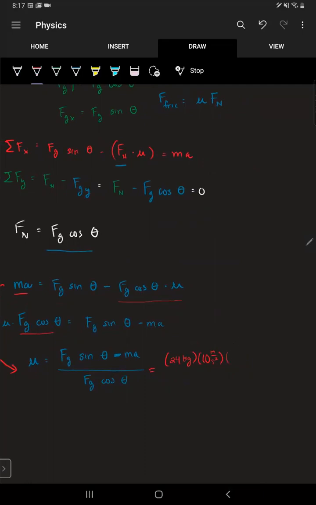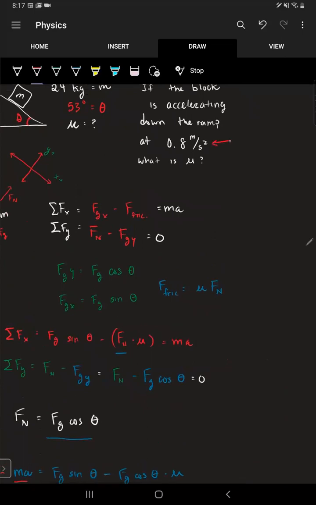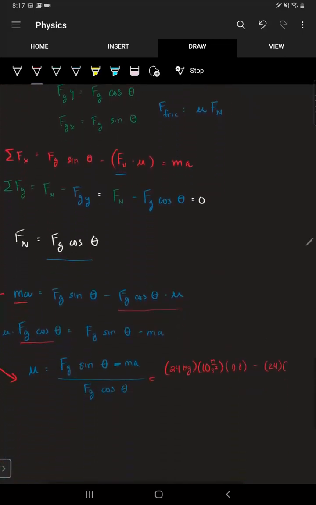So sine of 53 is 0.8, minus 24 kilograms times acceleration. The acceleration was stated to be 0.8 meters per second squared. Divide that entire thing by mg cosine of theta, which is 0.6, right?